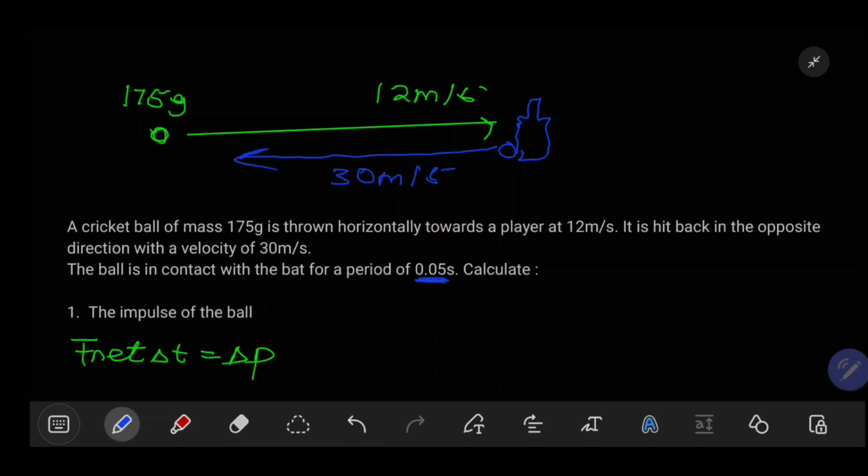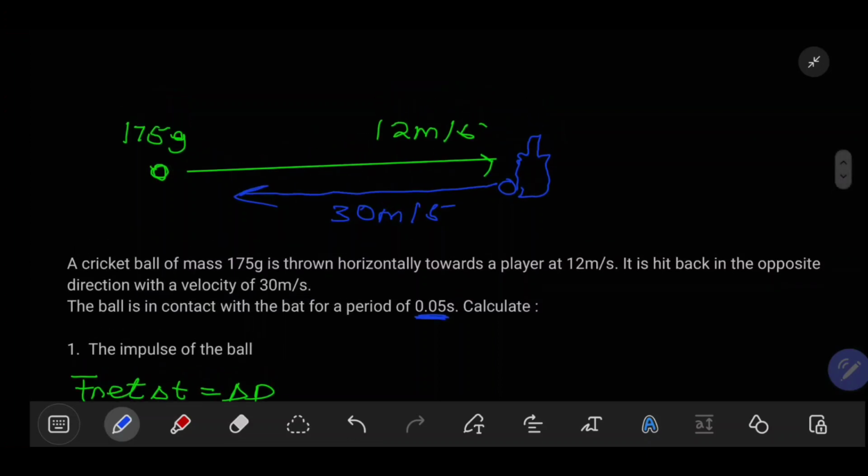Remember, this is a vector quantity, so we have to take direction into account. Let's consider any motion going in the direction of the initial motion of the ball to be positive. So any motion going towards the 30 meters per second direction will be considered negative. The velocity here is positive, and this is negative.